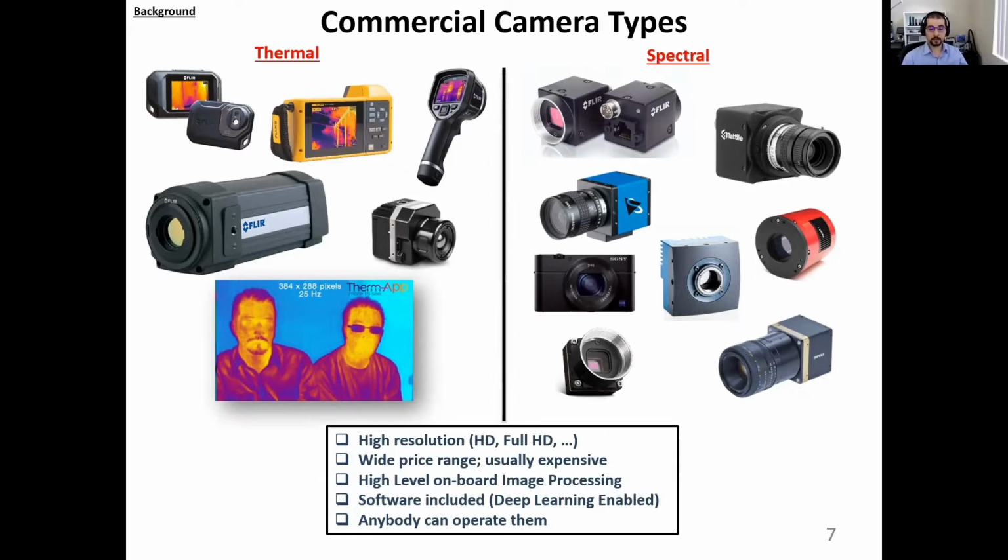They can be very expensive. They come with high-level onboard image processing, and the manufacturers usually provide a software package. Some of these cameras these days are even deep learning enabled. And in general, they're easy to use, and you could say anybody can use them.